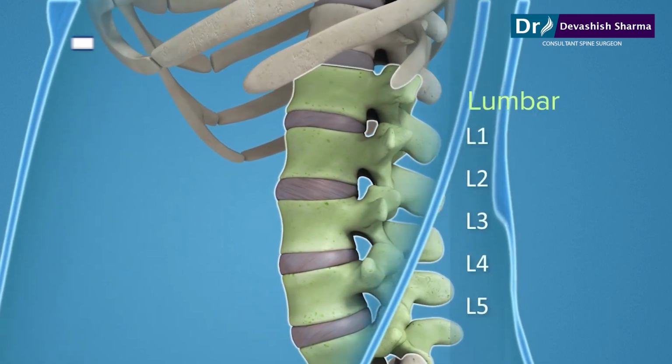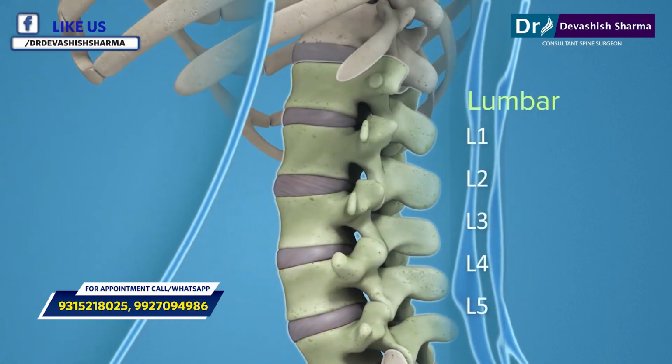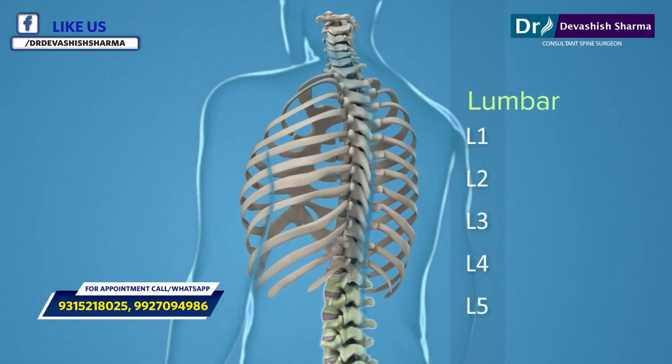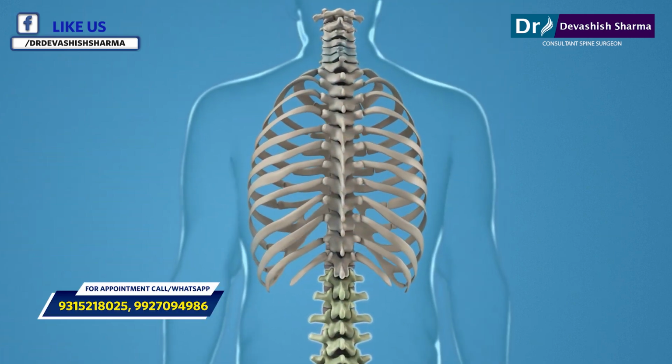And last but not least, our lumbar spine is the waist spine, and these vertebrae are generally 5 in number: L1, L2, L3, L4, L5. Though there are a few variations, some individuals may have 6 vertebrae and some may have only 4 functional vertebrae. But in a typical case, we expect 5 lumbar vertebrae.